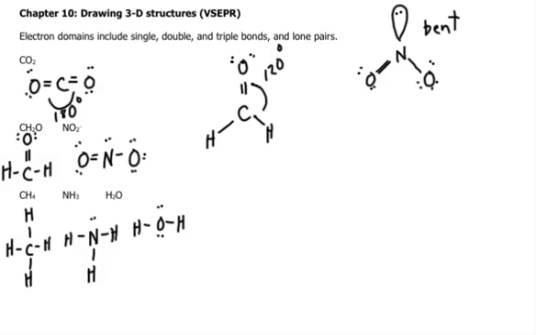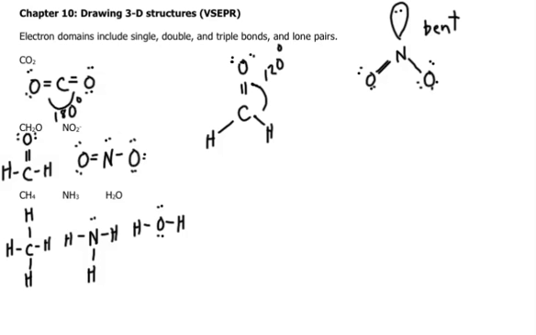So to determine what the molecular geometry is, you ignore the electron cloud, and you just look at the molecule, and it seems to be in a bent shape. Okay, I'll put that back on.